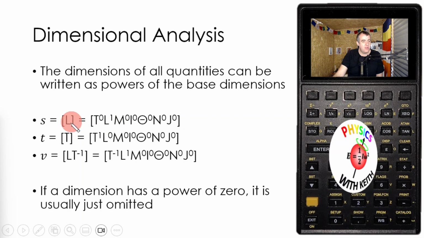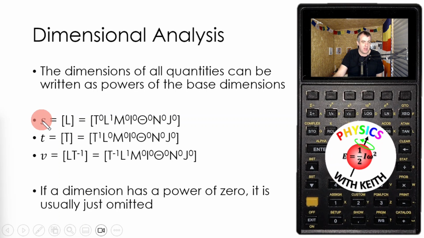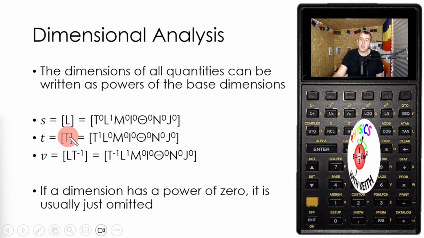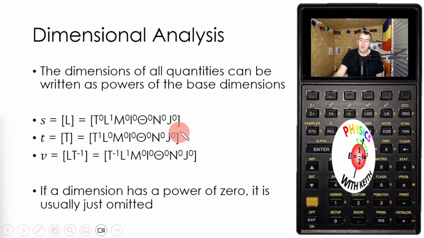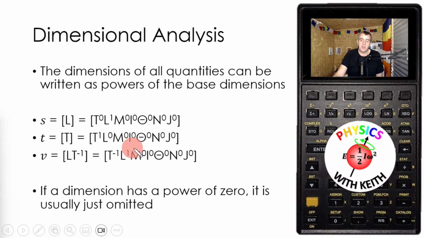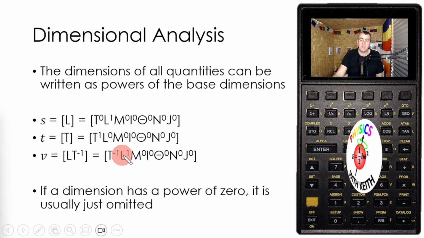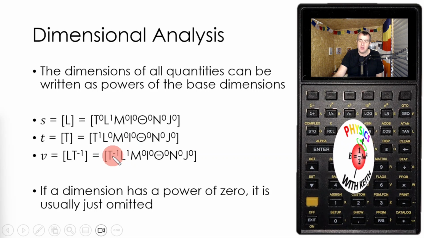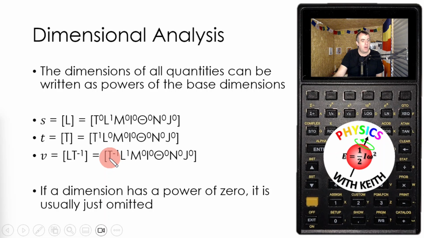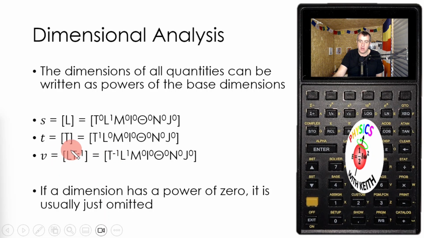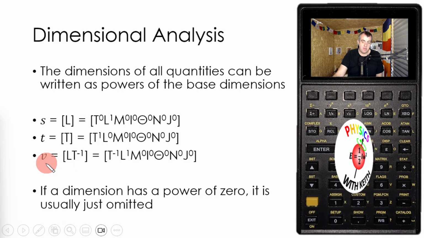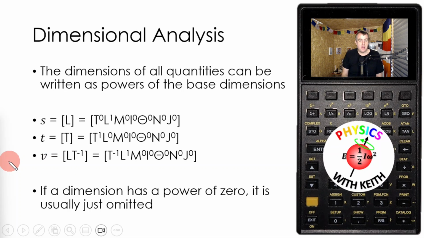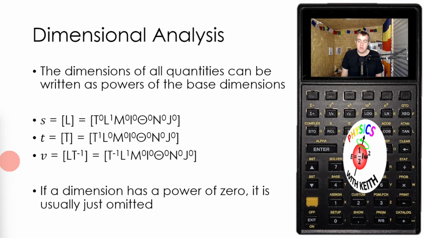That gives you your L dimension. Fine, okay. We could do the same thing with time, which is dimension of T. All the other powers are 0. And a velocity, all the other powers are 0, except length, which is 1, and time, which is a power of -1. Because velocities, speeds, are lengths divided by times.